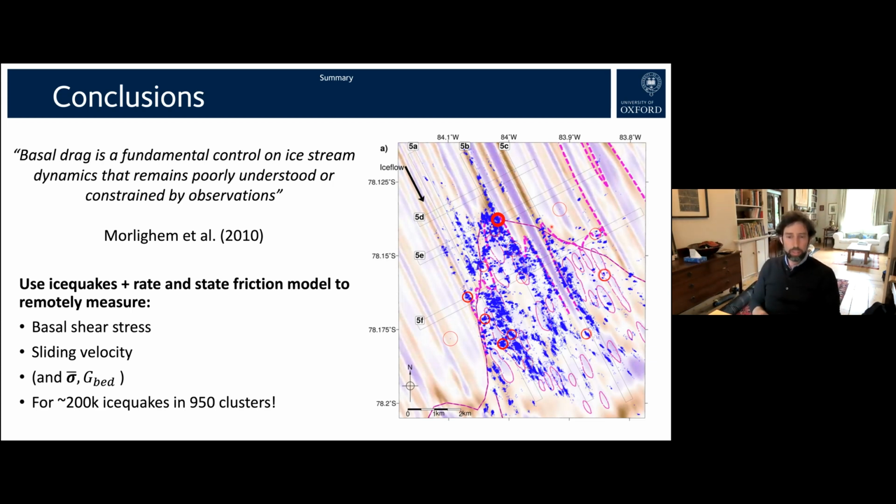And in the rate and state friction model, which seems reasonable to apply, you've got mu naught, A, B, and V naught, all of which are parameters. And the answers that you get will depend on those parameters. And I didn't see how you calibrated your model at all.